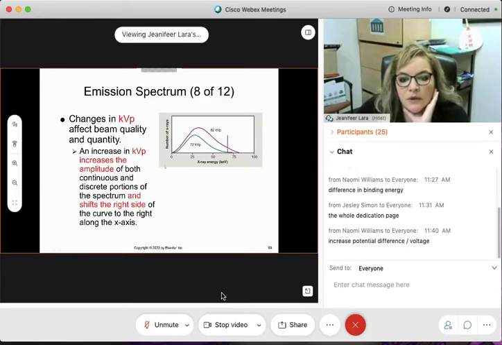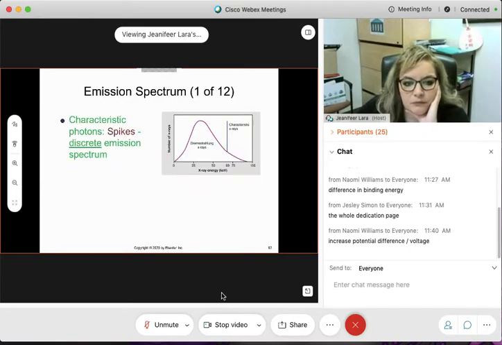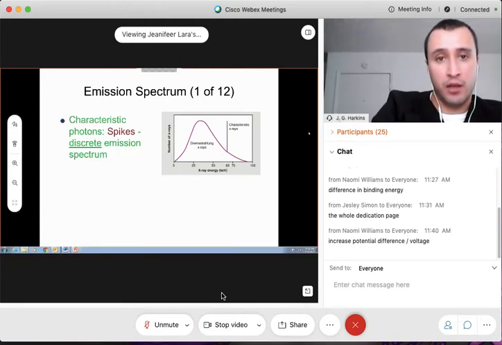Okay, let's go back and look at this. So this graph is representative of both interactions, Bremsstrahlung and characteristic. On the bottom you have the kVp.